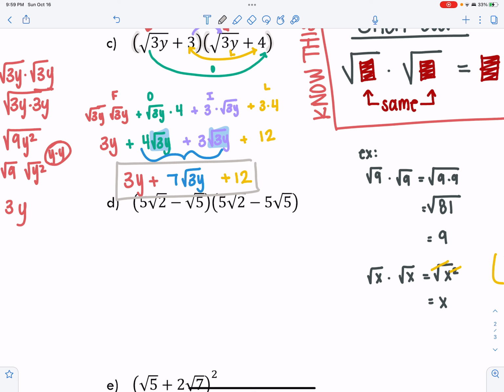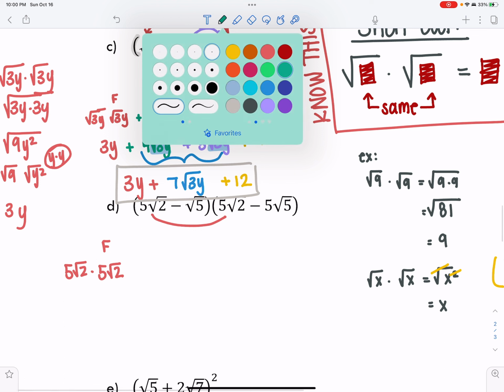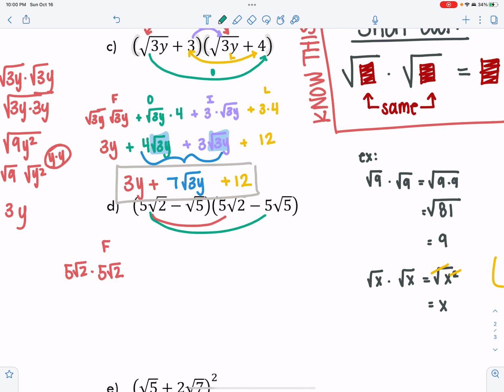All right, the next one, I'm going to do exactly the same, FOIL. And so first, outer, inner, last. First, 5 square root 2 times 5 square root 2. Outer, 5 square root 2 times negative 5 square root 5.